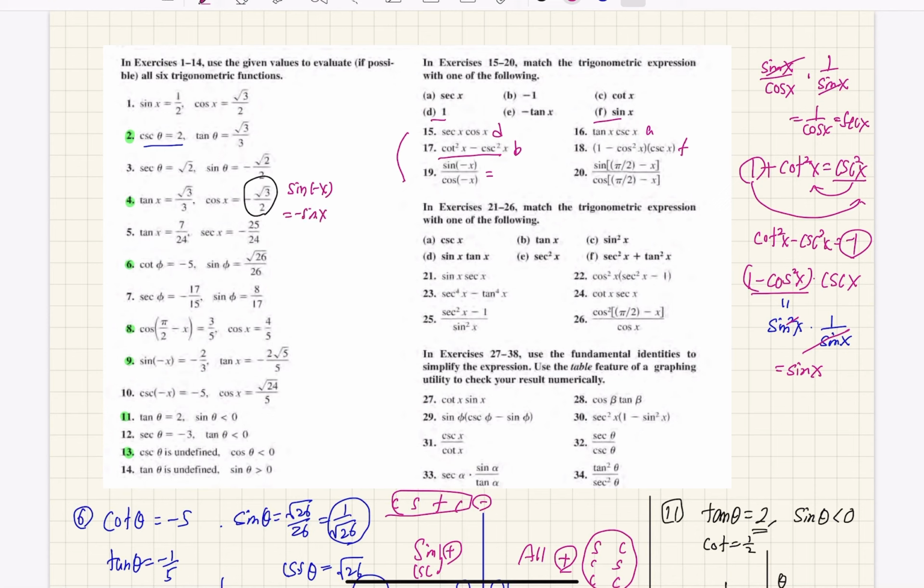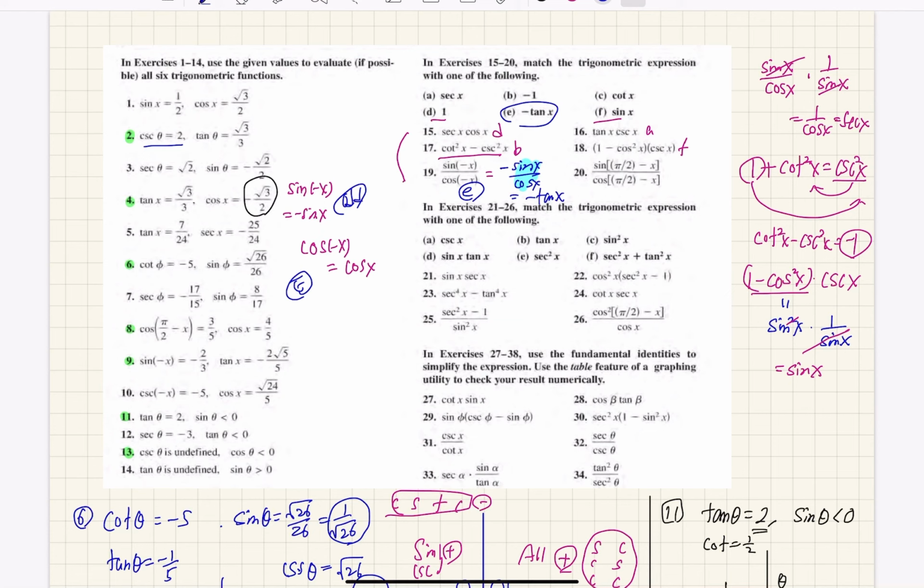But cosine is an even function, so cosine of negative x equals just cosine x. Sine is odd, so I'm going to change the numerator to negative sine x, and the denominator to cosine x. And as you know, sine x over cosine x is tangent. So it's going to be negative tangent x, which is the same as E.